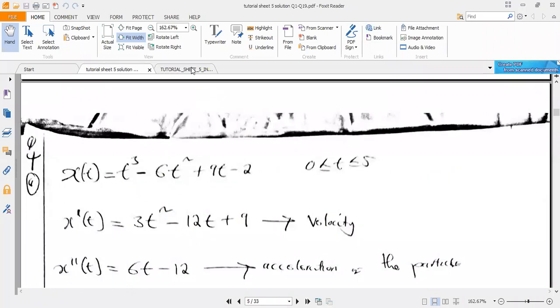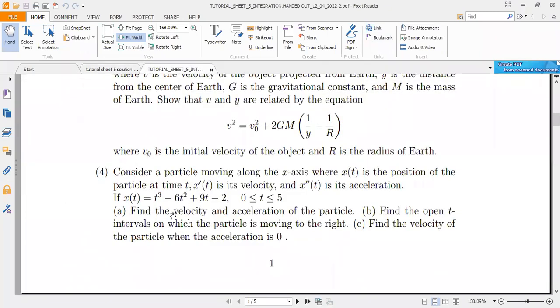Firstly, we'll find the velocity and acceleration of the particle. So how do we find them? We've been given in the question that x prime is its velocity and x double prime is its acceleration.